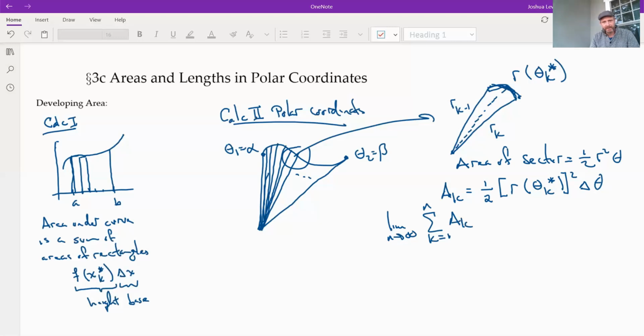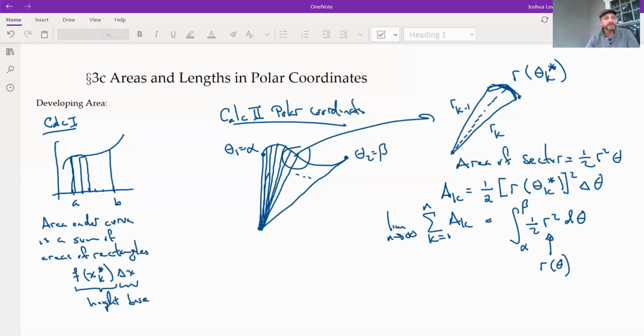But this is simply, by definition, an integral, right? So you get the integral of 1/2 r squared d theta, and keep in mind that this r is really a function of theta.